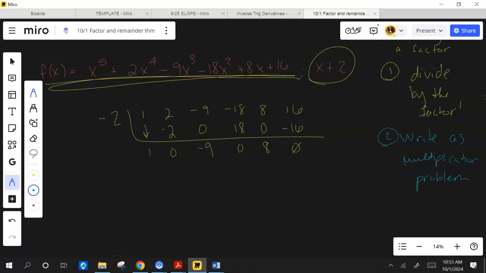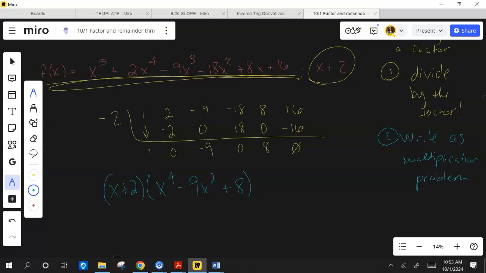We divided by x plus 2, yes? And what's left when we divided by x plus 2? But give it to me as a polynomial. X to the 4th. Now, my original direction is to do what?